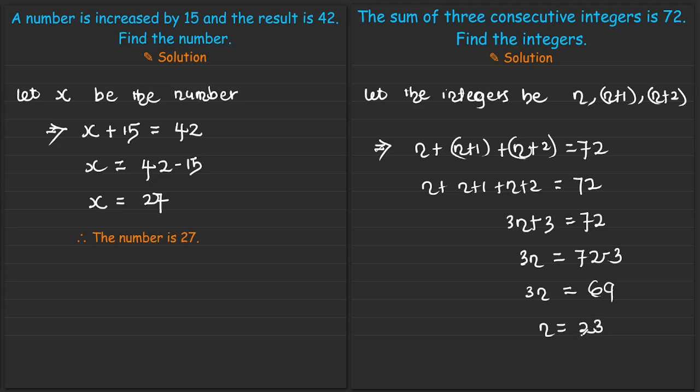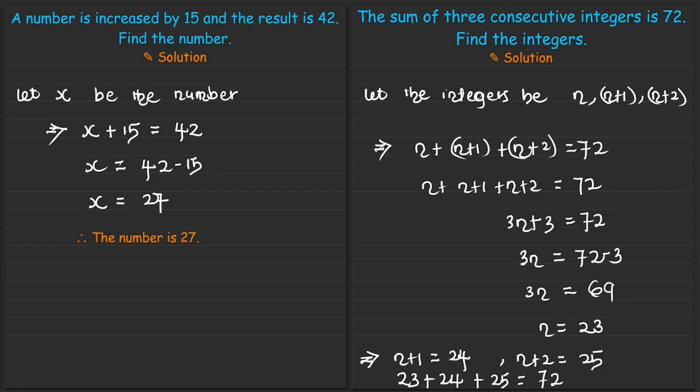You see, so if you want the 3 consecutive integers, if n is 23, then it simply implies that our n plus 1 is equal to what? 24. And then our n plus 2 is also equal to what? 25.